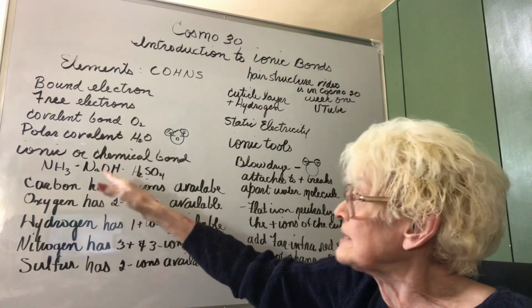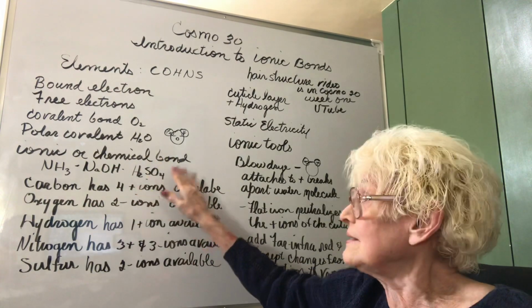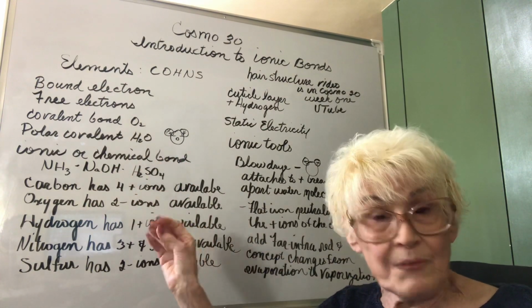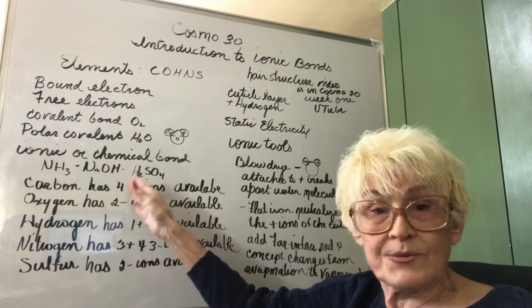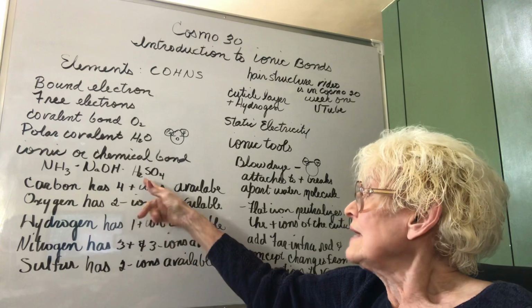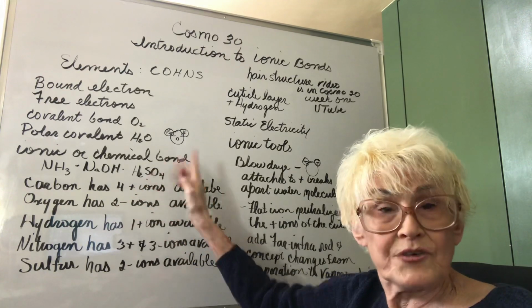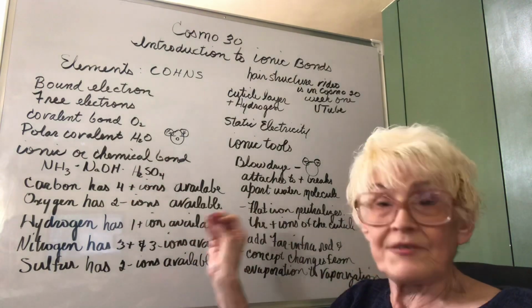When we step over into ionic or chemical bonding now, we create the chemicals that we actually use, like NH3, which is ammonia, NaOH, which is your sodium hydroxide, H2SO4, which is sulfuric acid, and those types of chemicals.